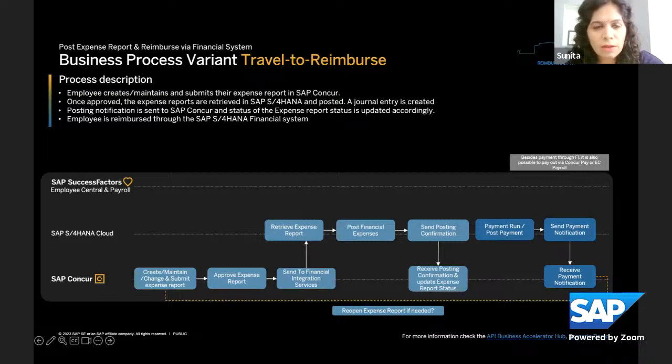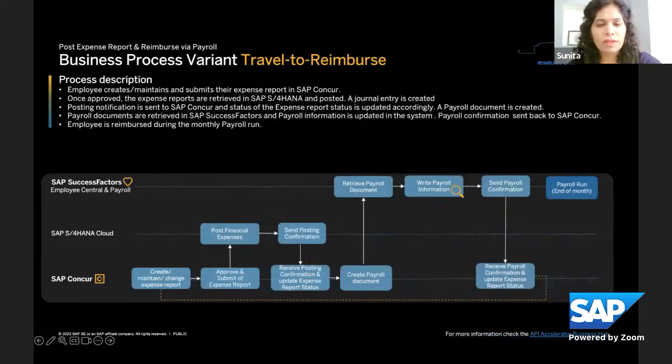So after this variant, the next one, as I mentioned. The first few steps are quite similar, where a journal entry is created in SAP S/4HANA and a posting notification is sent back. But because this variant talks about the SuccessFactors Employee Central Payroll, once Concur receives the posting notification, it updates the status of the expense report.